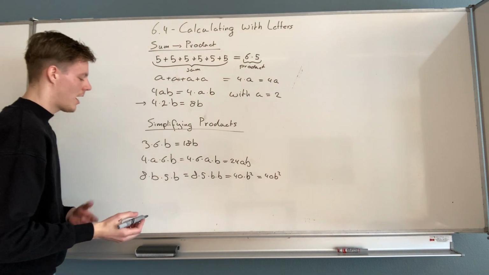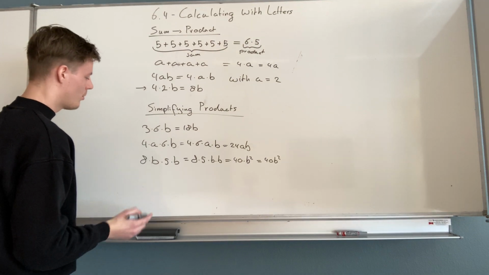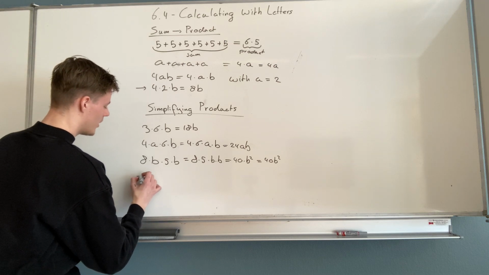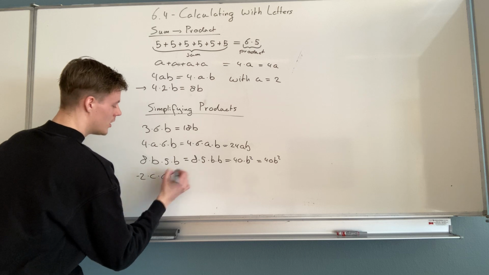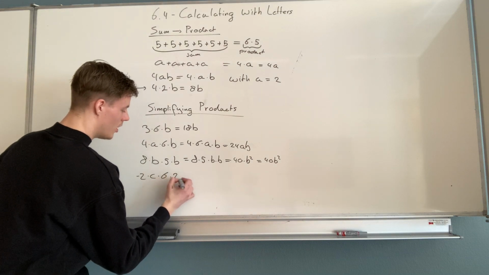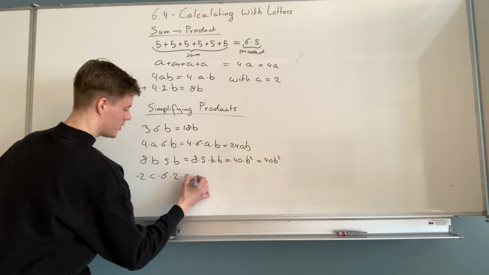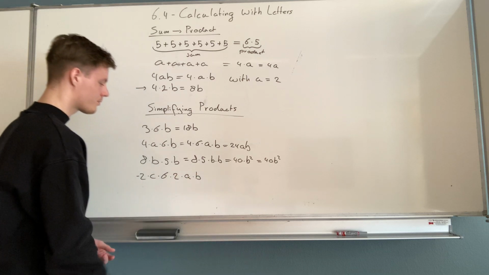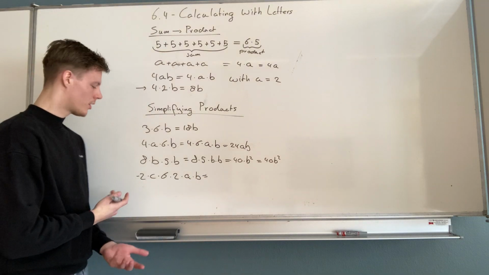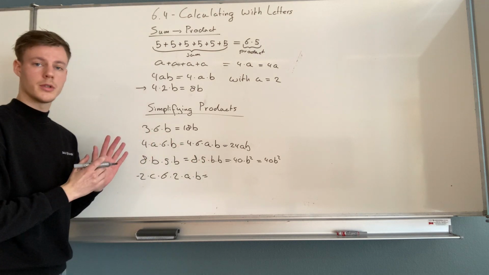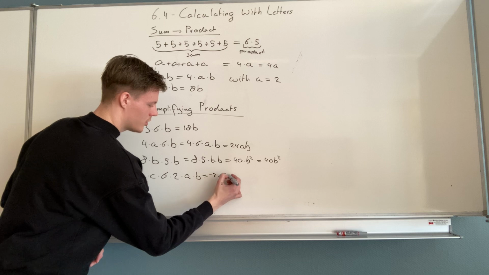You can also have more than one or two letters. So for example, I can have -2 times C times 6 times 2 times A times B. Well, let's see how we can rewrite this order. So first put all the numbers in front, which gives us -2 times 6 times 2.